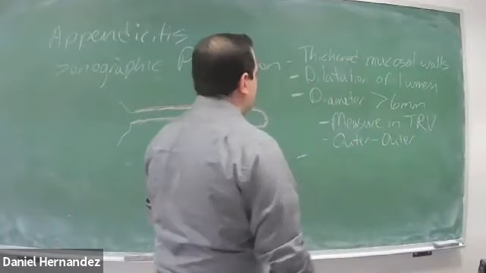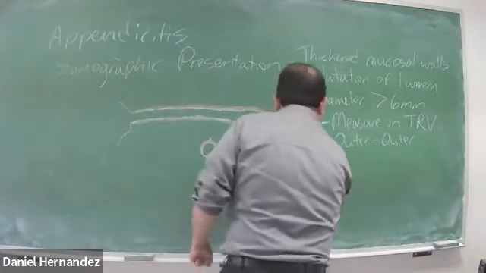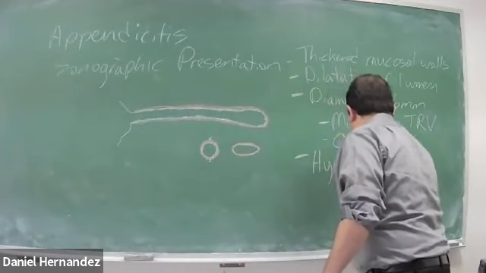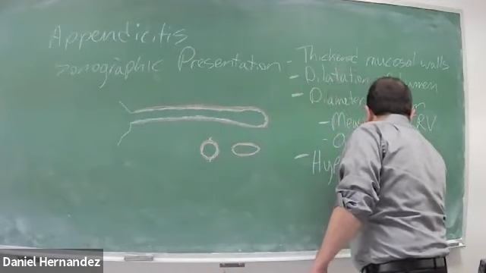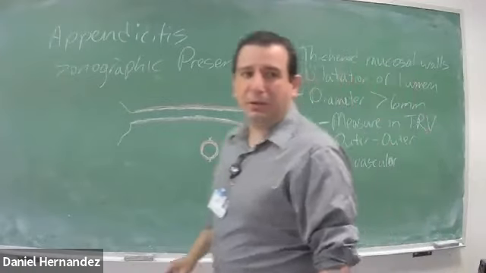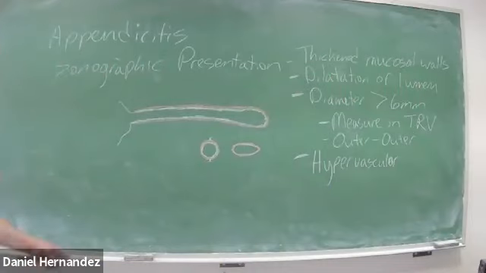In addition to dilatation of the lumen, the appendix will be hypervascular, or hyperemic, another term they may use to describe hypervascularity.